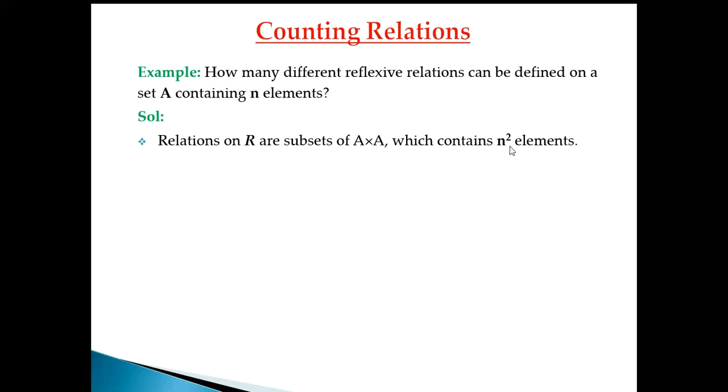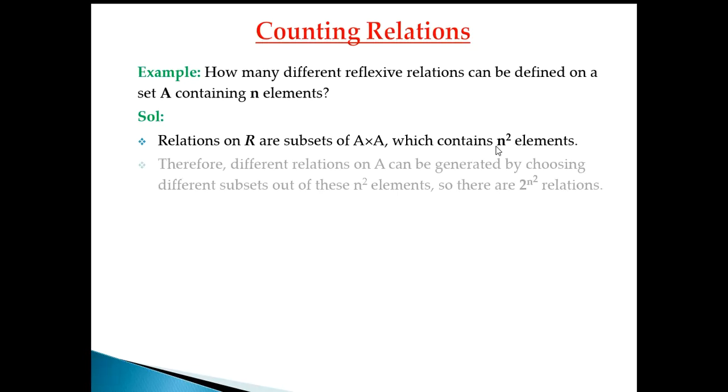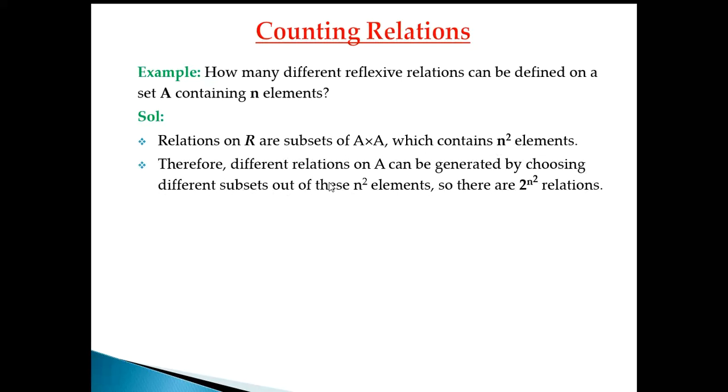These are n square elements, because of the multiplication of the elements in the relation. Therefore, different relations on A can be generated by choosing different subsets out of these n square elements. So there are 2 to the power n square relations.